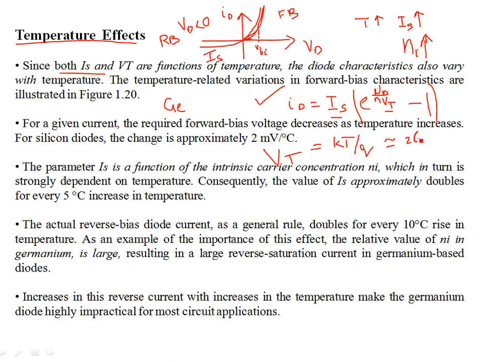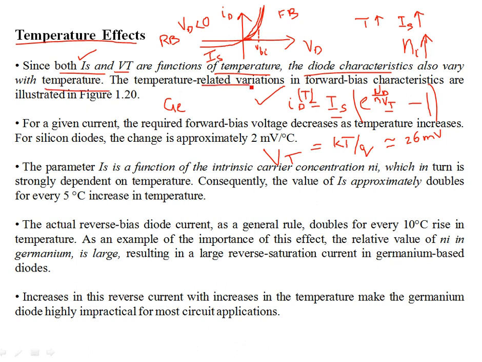But owing to its dependence on temperature, this parameter is also variable. So one is the reverse saturation current, and the other is the thermal voltage. Both are functions of temperature. Since they are dependent on temperature, your diode current ID is also a function of temperature. So the diode characteristics vary with temperature.